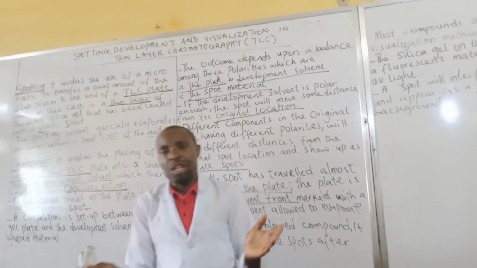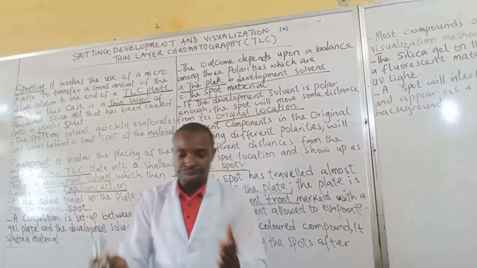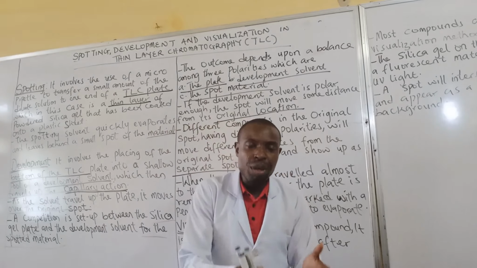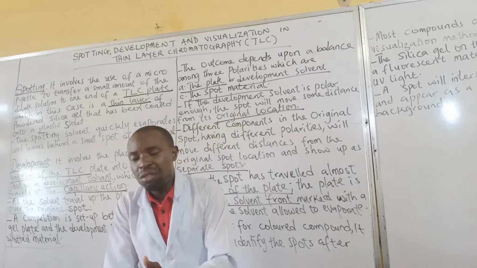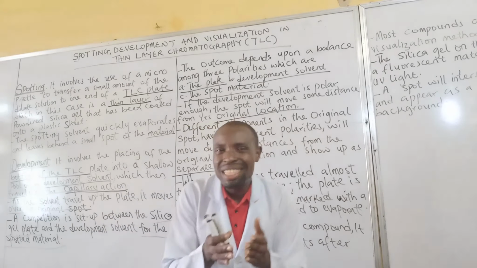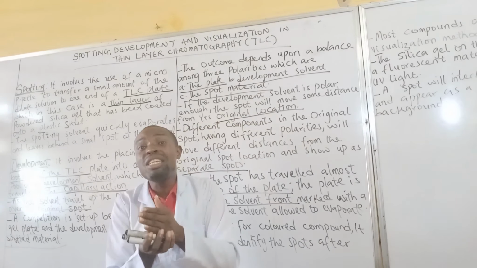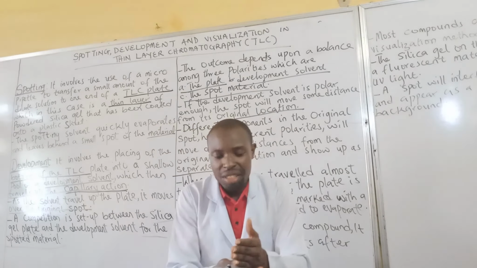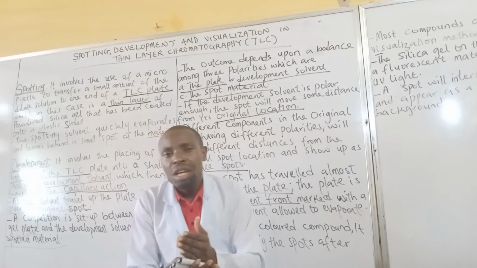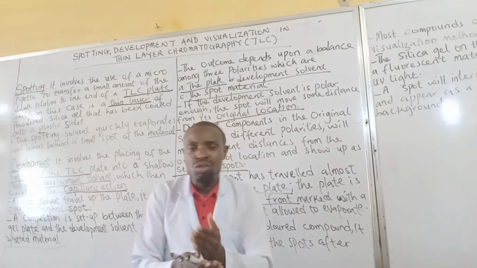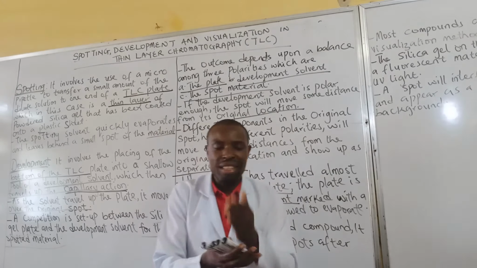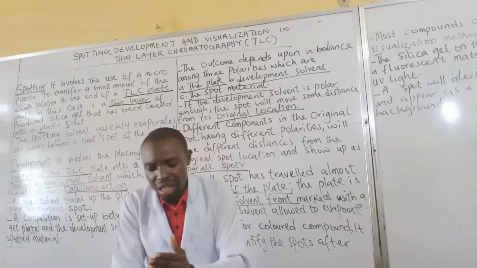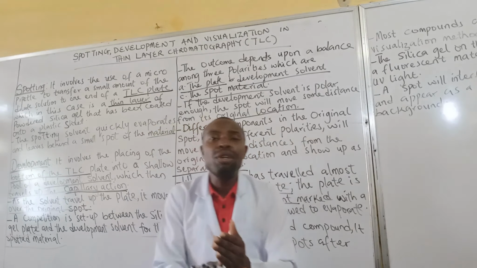Now, in summary, do not forget, we have said that the sample to be analyzed is dissolved in an evaporating solvent, which will produce a very dilute solution, and that in the spotting step, it is done.